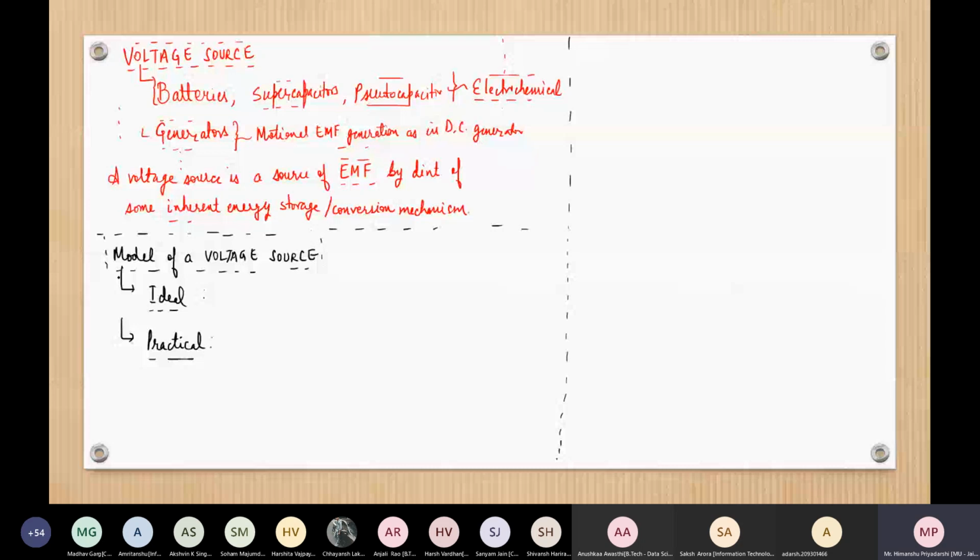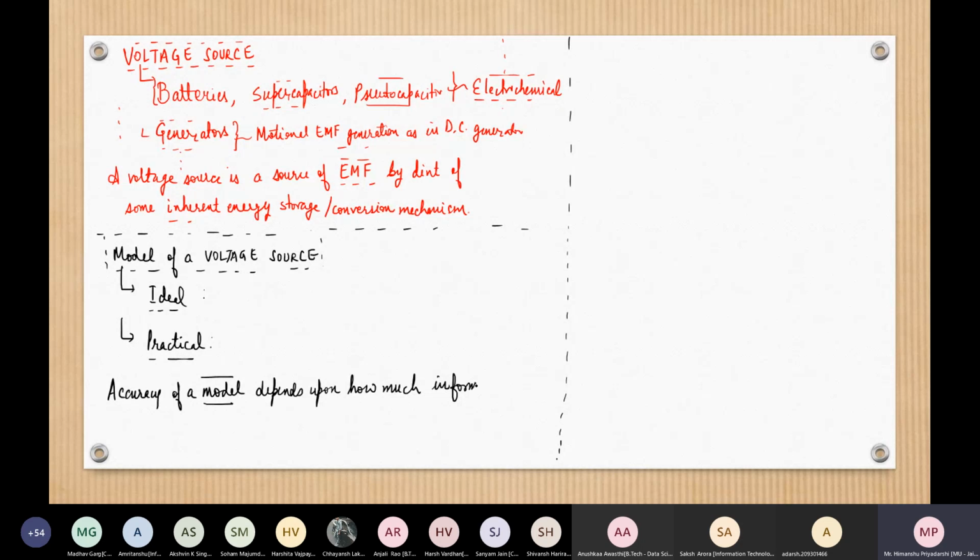Now, when I say the accuracy of a model depends upon how much information it is supposed to convey.